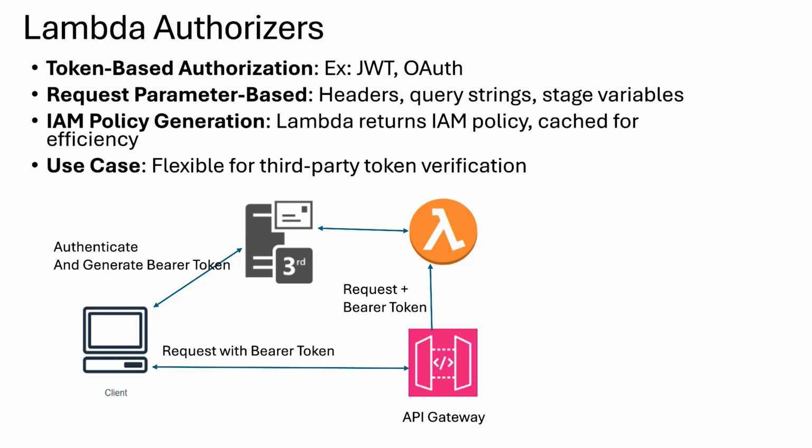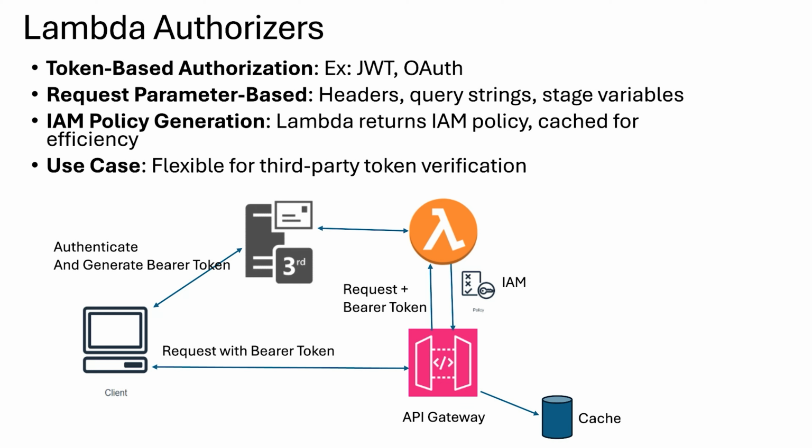If the bearer token is valid, it creates an IAM policy and sends it to API Gateway. Once the IAM policy is created, API Gateway, for efficiency, will cache that policy for subsequent requests, instead of hitting the third party server every time.